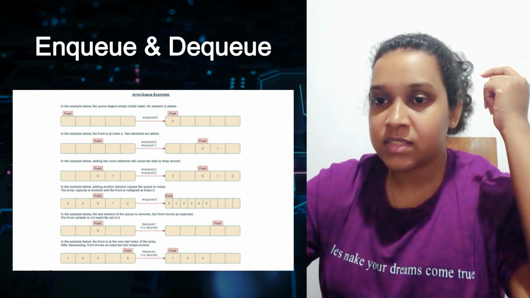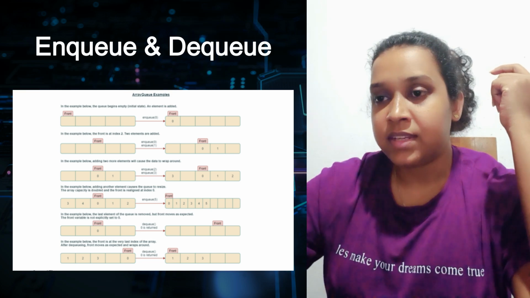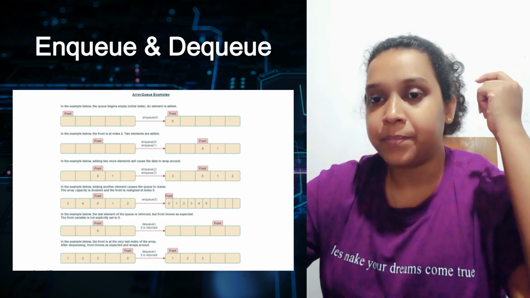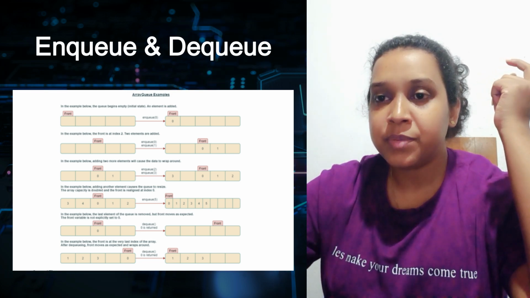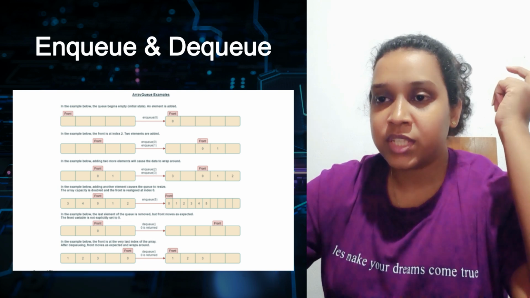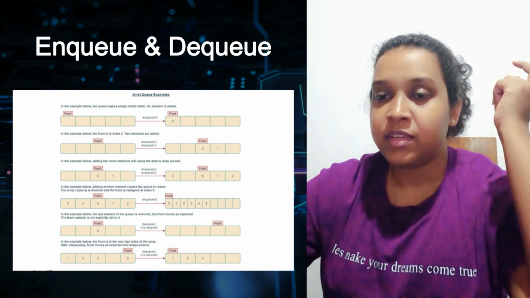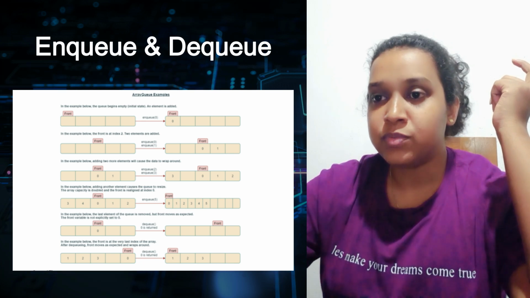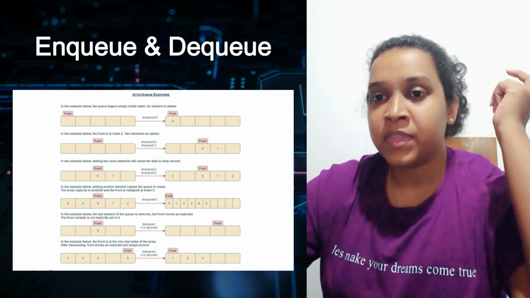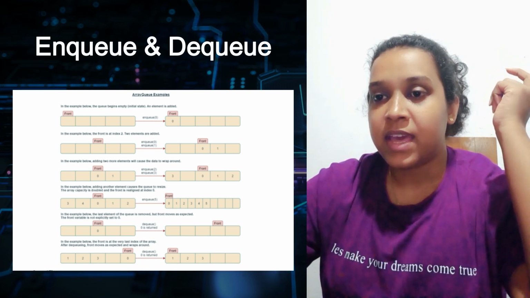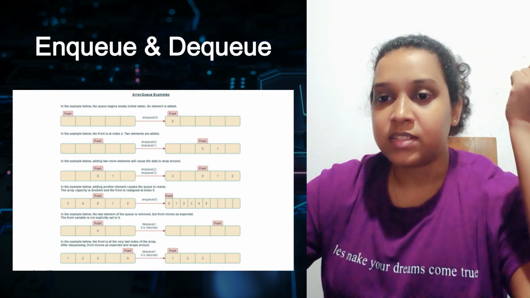Then we increase the rear pointer and insert the item at the rear. When you remove an item, or dequeuing, if the queue is empty, we can't remove anything. We remove the front item and move the front pointer forward. That's all there is to it. Add to the rear, remove from the front.